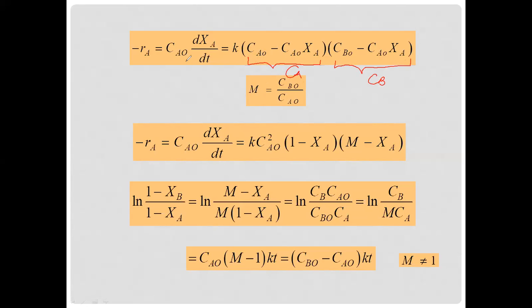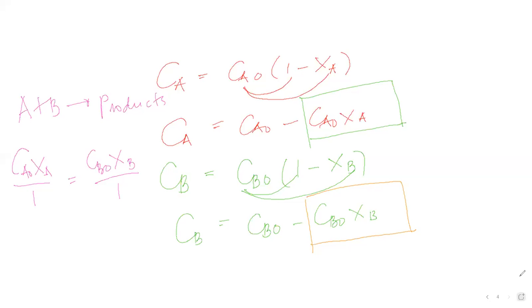Now, how about the CAO dXA/dt? How did CAO dXA/dt come about? If you recall, you have rA being equal to negative dCA/dt. And if you recall further that your CA is equal to CAO minus CAO XA.